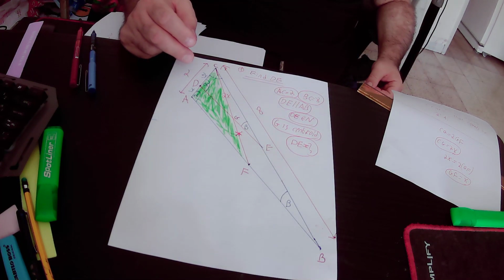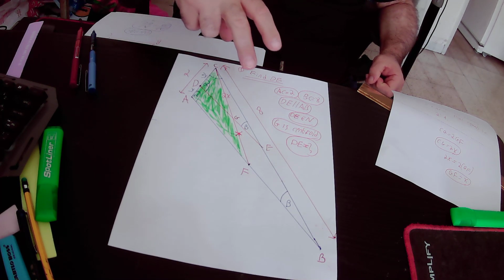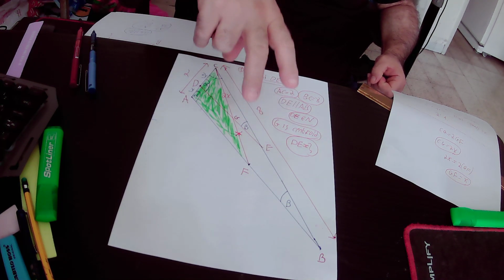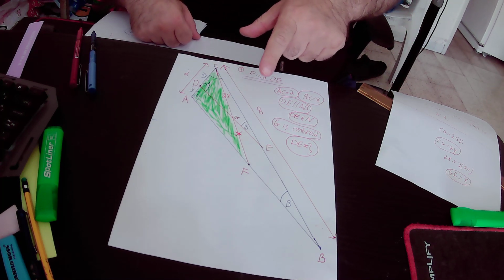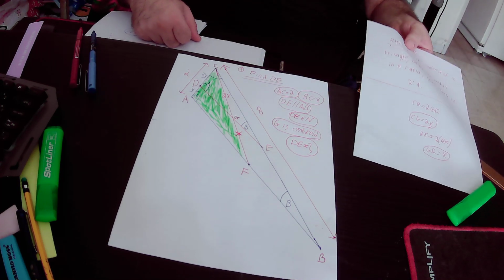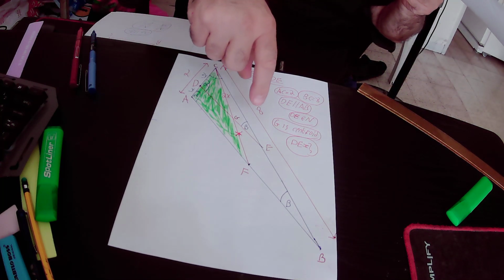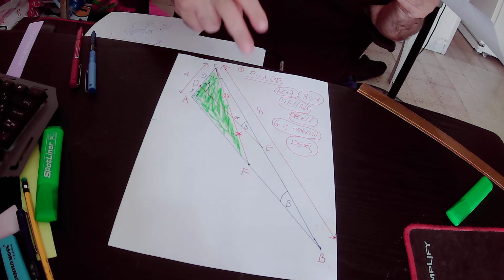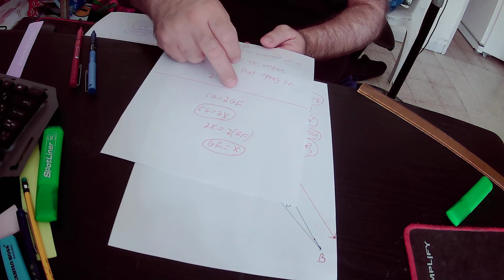So according to rule number 1, the centroid G divides the median CF in a ratio of 2 to 1. That is to say, if CG equals 2 units, then GF will be equal to 1 unit. In other words, CG is twice as large as GF. CG equals 2 times GF.